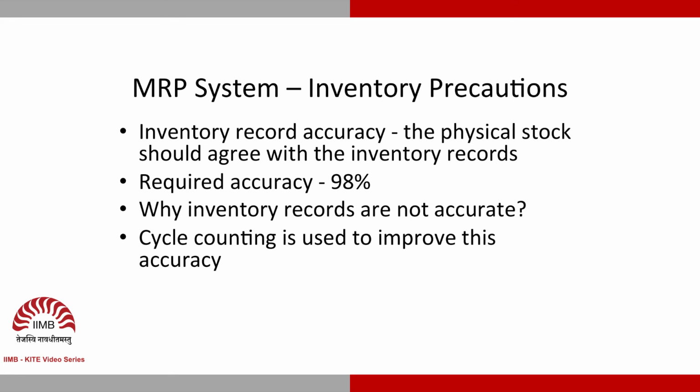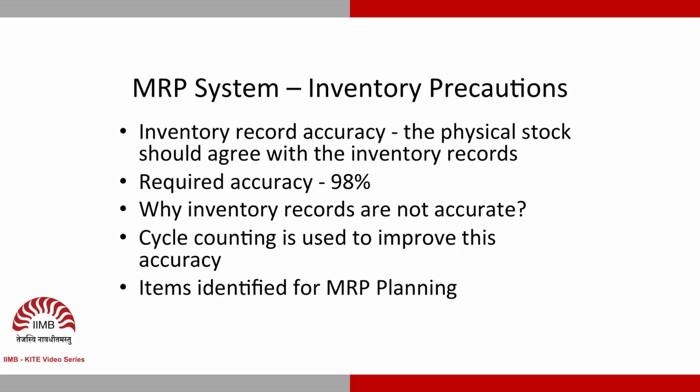Another kind of approach that we take to deal with inventory record accuracies is the following. It is very likely we may have several small items like fasteners. There are so many, they are not expensive and it is difficult to keep track of the exact quantity.